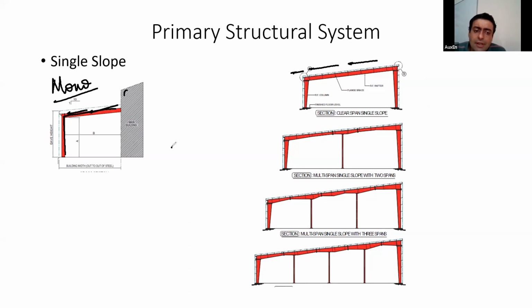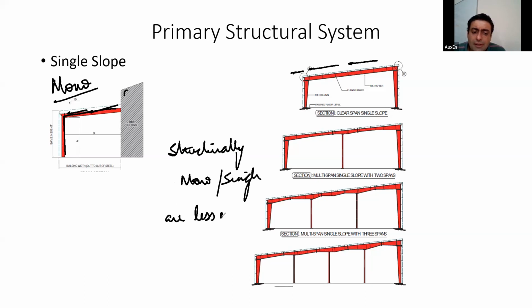Otherwise, structurally monoslopes or single slopes are less efficient systems as compared to dual slope systems.